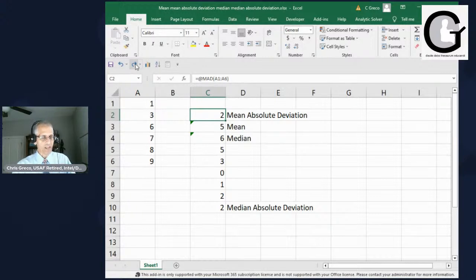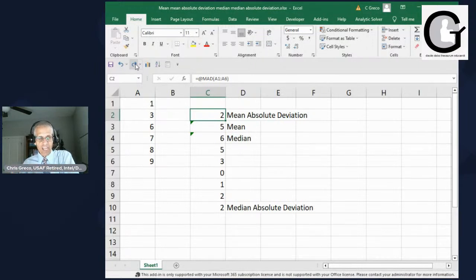So even though I harangued everybody about using the mean as this non-robust measure and then using it again in another measure, the bottom line is this mean absolute deviation helps to correct somewhat that non-robust nature. Just understand that the mean is still non-robust.